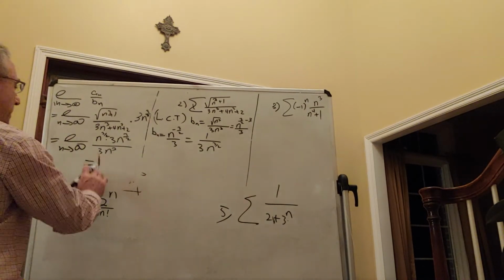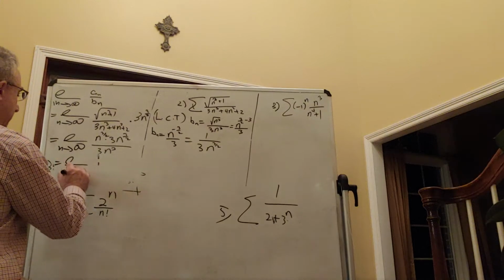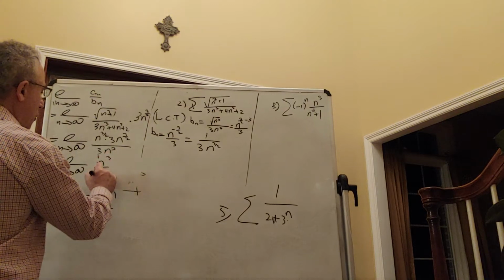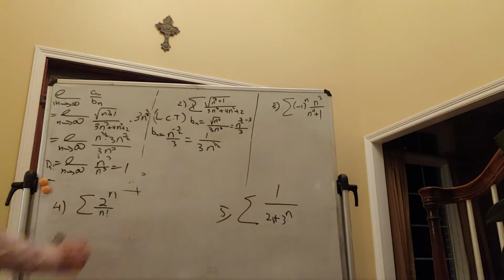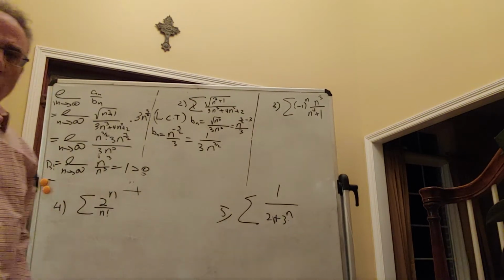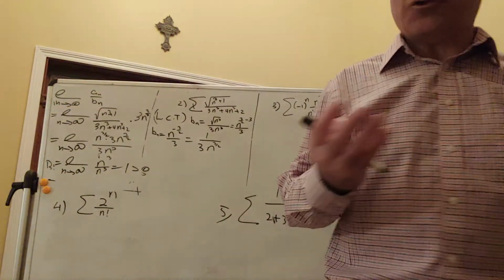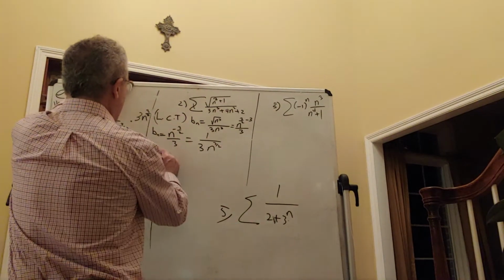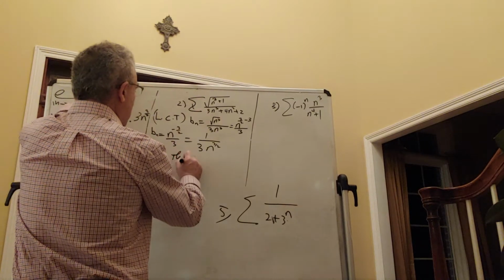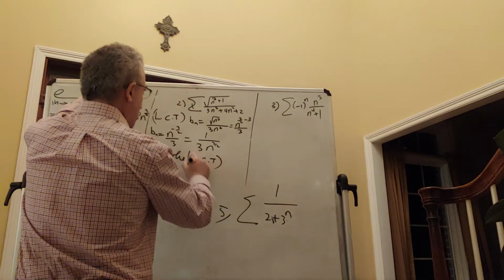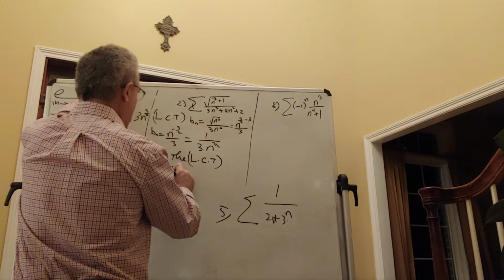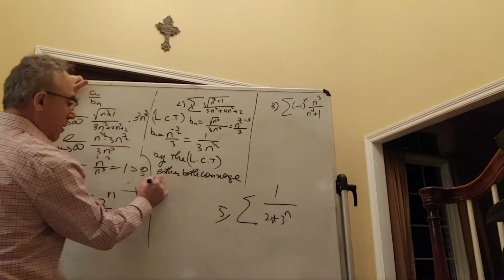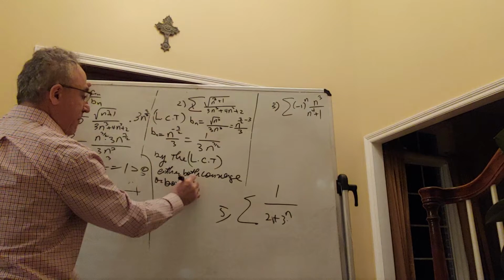So this is the limit as n goes to infinity of n cubed over n cubed, and that is 1. So that is positive. So either both series converge or both series diverge. So by the limit comparison test, either both converge or both diverge.